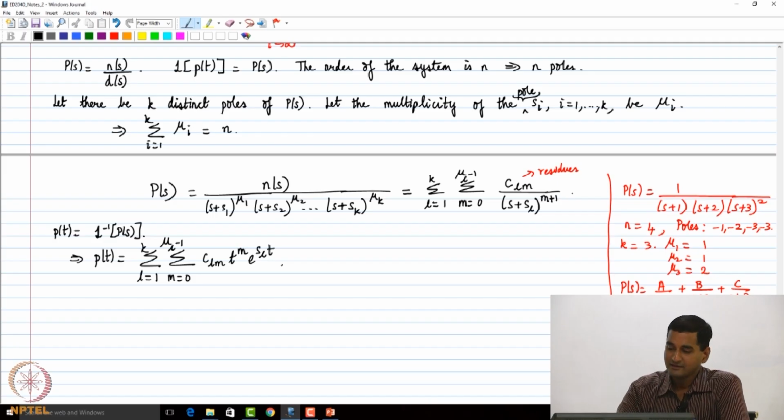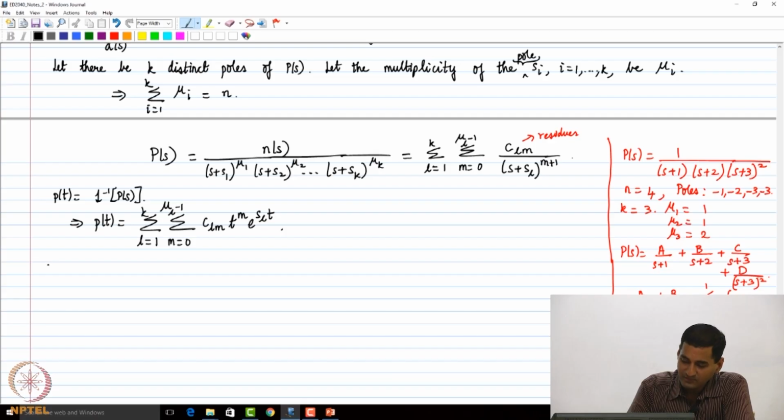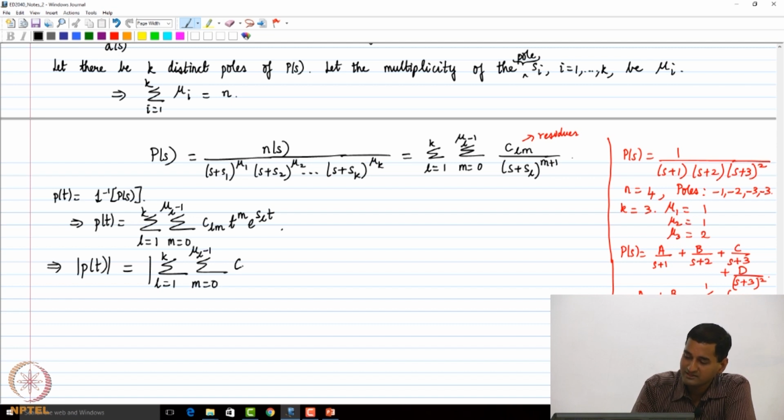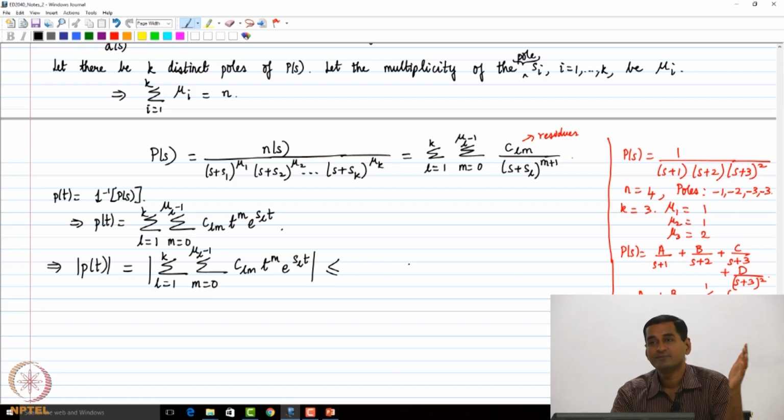Now, once I get this, the magnitude of p of t is going to be equal to the magnitude of summation l going from 1 to k, m going from 0 to mu l minus 1, c_lm t power m e power s_l t. Once again we use the triangle inequality.